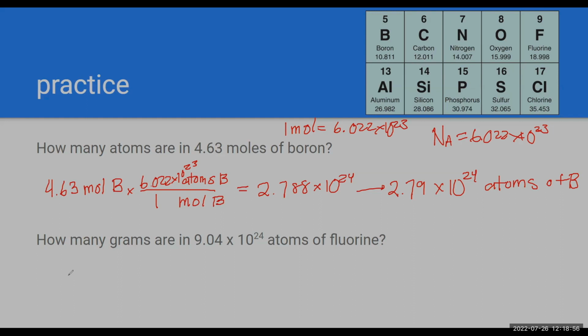First, I'm going to start with our given once again. So I'm going to do 9.04 times 10 to the 24 atoms of fluorine.